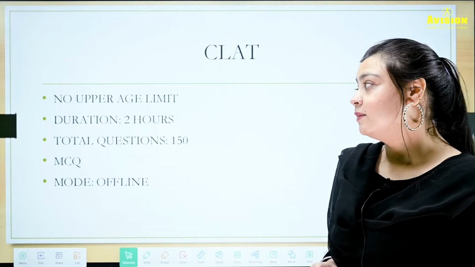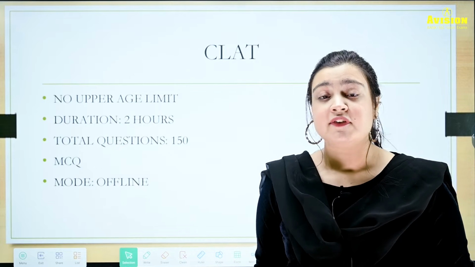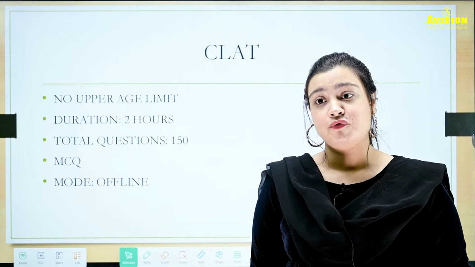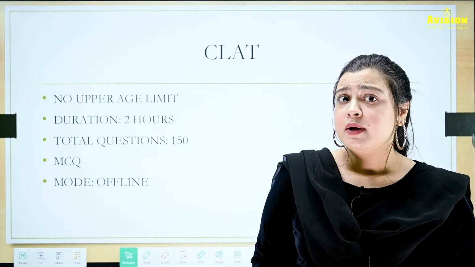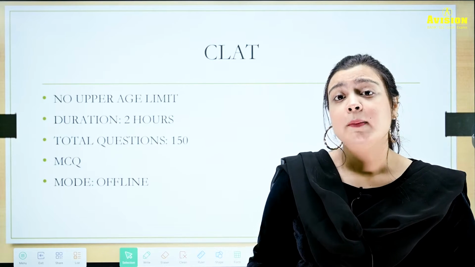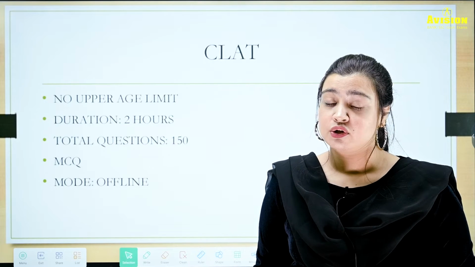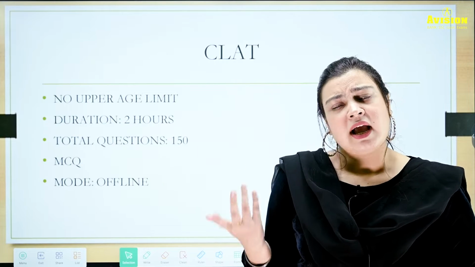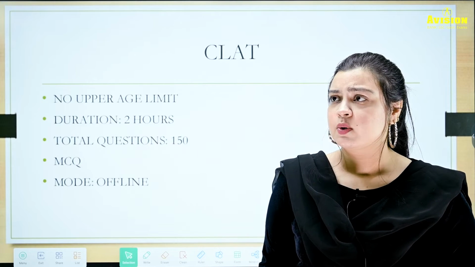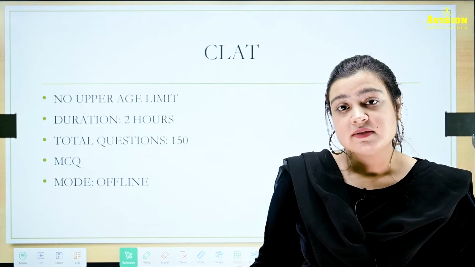Now, the Common Law Admission Test criteria. There is no upper age limit. This is a very good advantage for anyone who, because of unavoidable circumstances, did not appear in the immediate year after completing class 12. You can appear for this admission test as soon as you complete class 12, or even a few years after you have completed it.